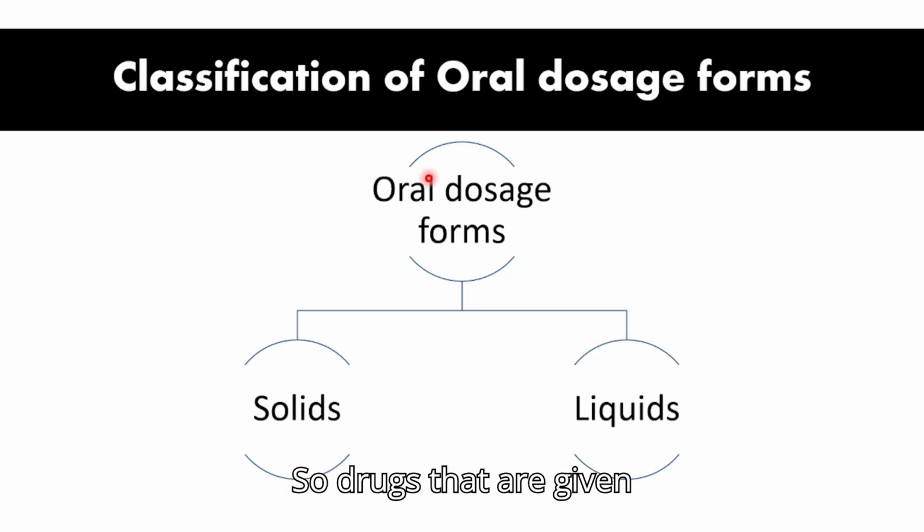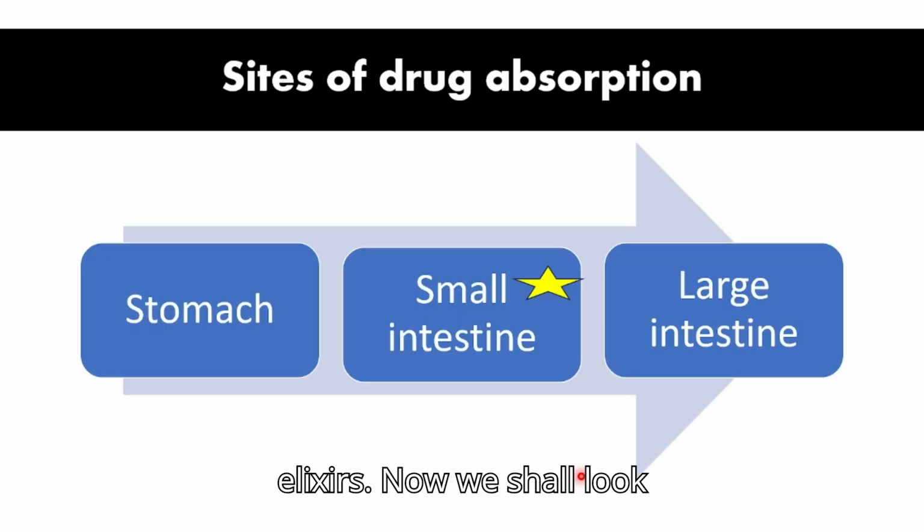So drugs that are given orally are divided into 2 types of dosage forms, namely solid dosage forms and liquid dosage forms. The solid dosage forms include capsules and tablets, while the liquid dosage forms include, amongst others, syrups, solutions, suspensions, and elixirs.